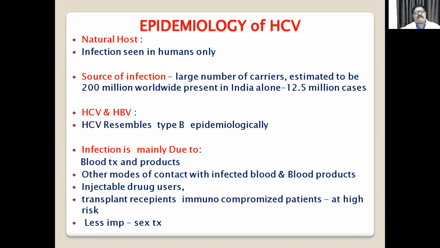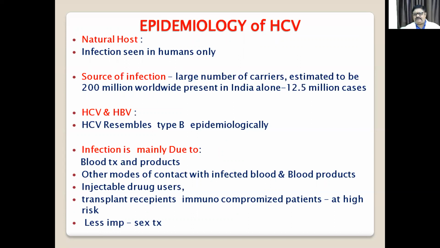Hepatitis C and hepatitis B have certain similarities. Hepatitis C epidemiologically resembles type B. And infection is mainly due to blood transfusion or products of blood.